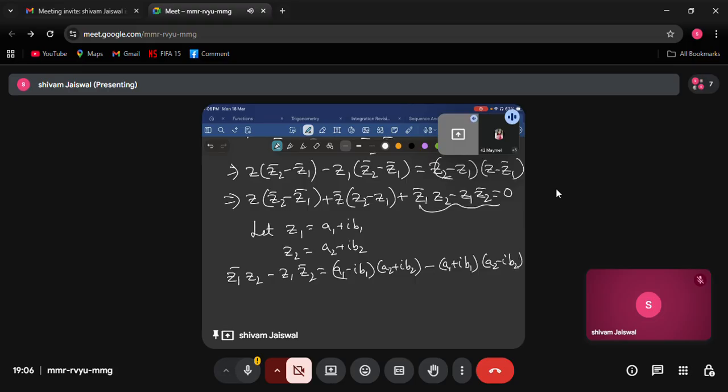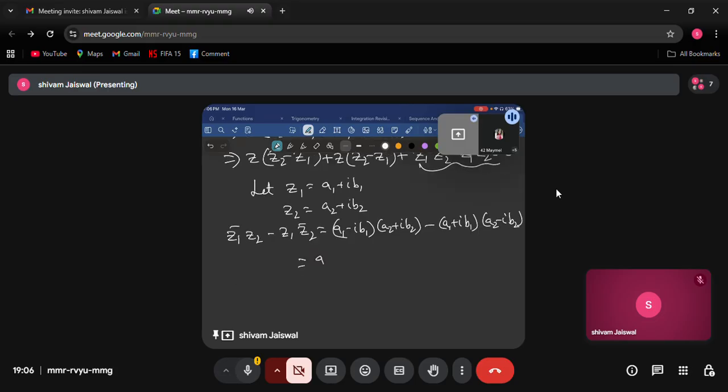Okay, when you open the brackets, what are you getting? A1 A2 minus iota A1 B2 minus iota A2 B1 plus B1 B2, minus A1 A2, then plus iota A1 B2 plus iota A2 B1 minus B1 B2.